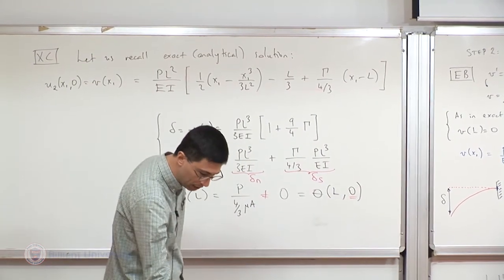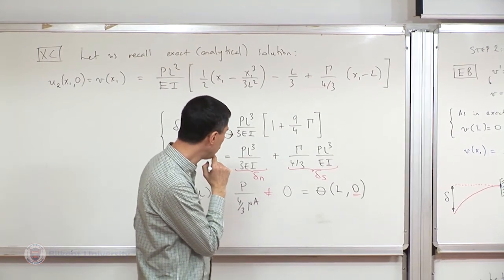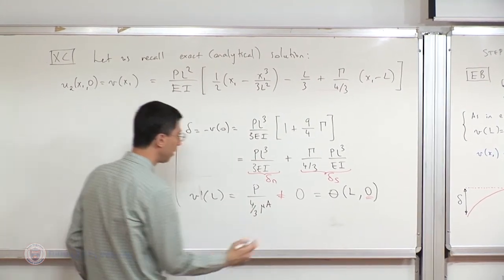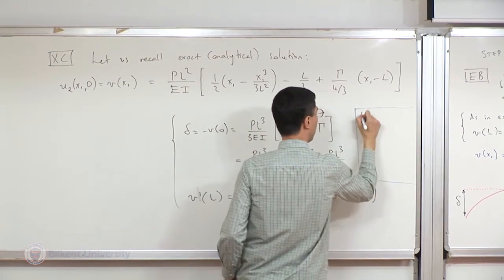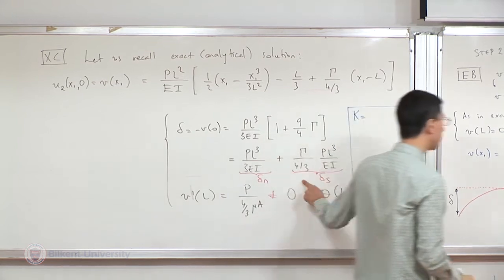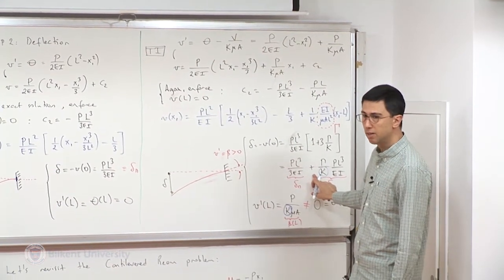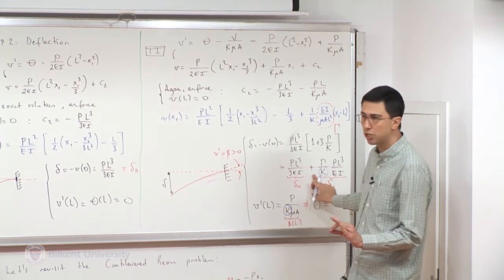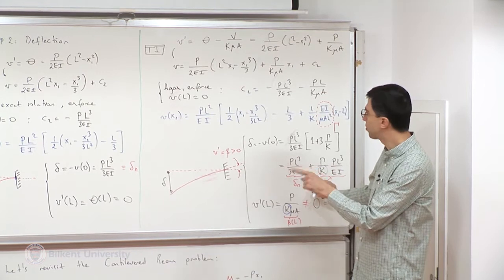So in the Timoshenko beam theory, if I go ahead and choose k equals 4 over 3, the tip deflections match perfectly, right? They match perfectly.